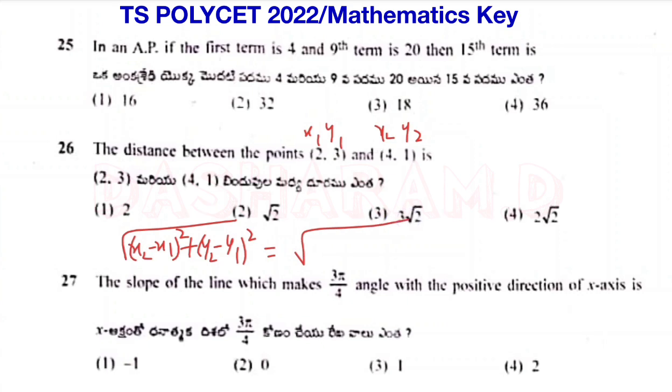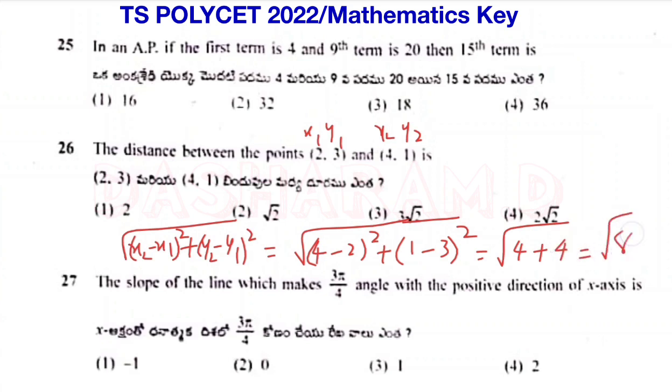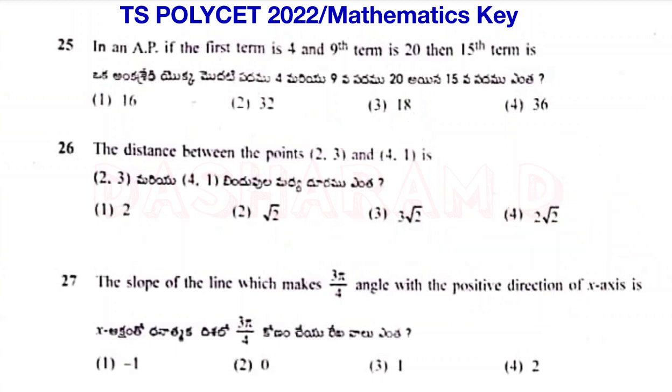So under root, x2 value 4 and x1 value 2, next y2 value 1 and y1 value 3. Then it is 4 minus 2, that is 2, 2 square is 4, 1 minus 3 is minus 2, whole square is 4. 4 plus 4 is 8, root 8 answer is 2 root 2. So option 4 is correct.